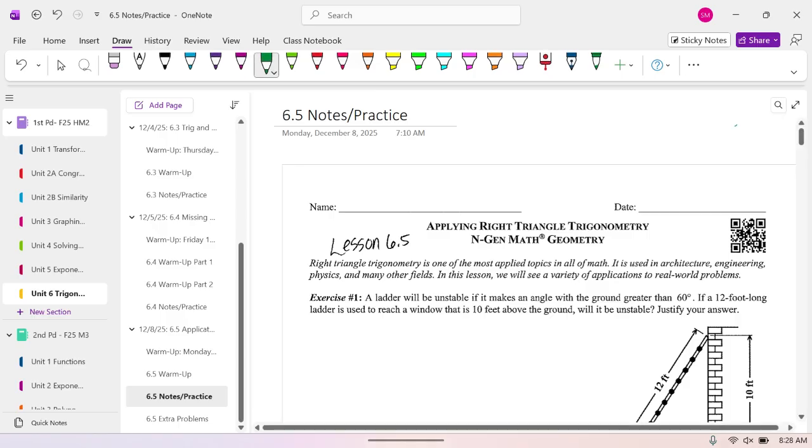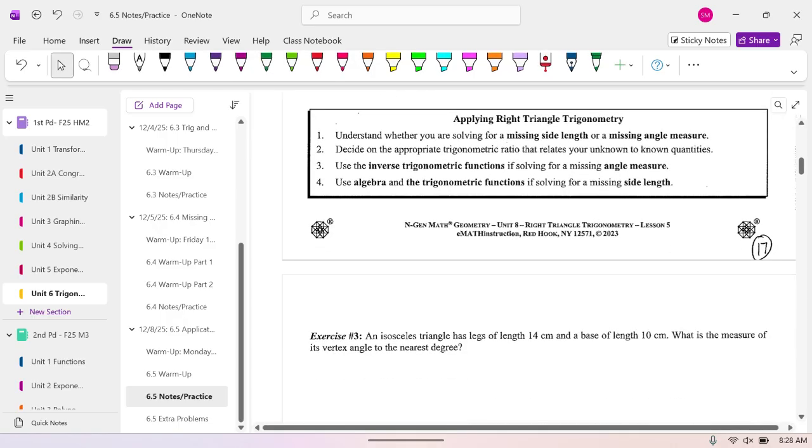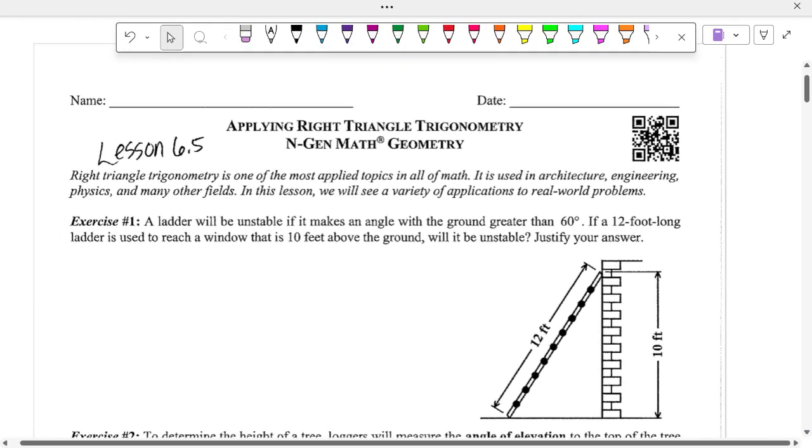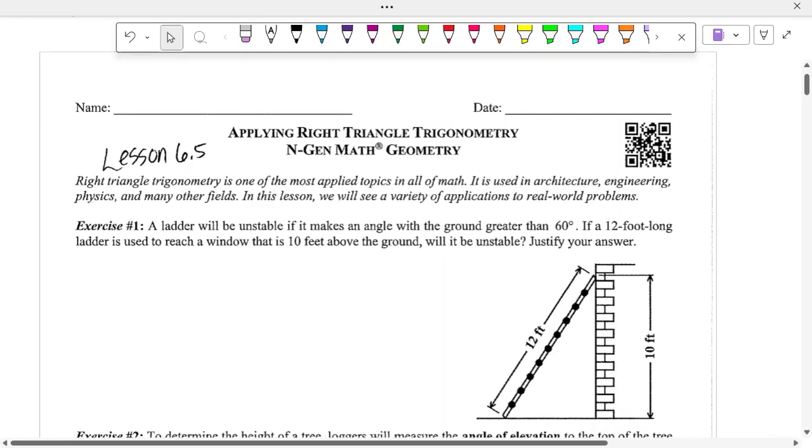So take out your packet and go to page 17. So page 17 of your packet, and make sure you keep out that extra packet of problems that you grabbed this morning, because we're going to be using that as well.